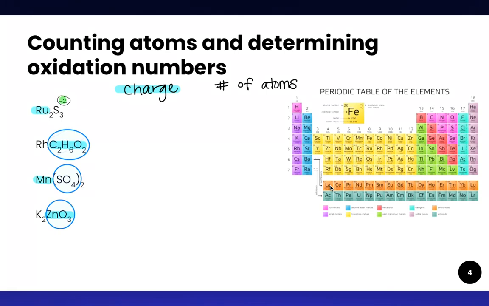The charge is -2, and there are 3 of them, so the overall charge of sulfur in this molecule is -2 times 3, -6. So all of these ruthenium atoms need to add up to a charge of +6, because we know that this molecule has to be neutral.